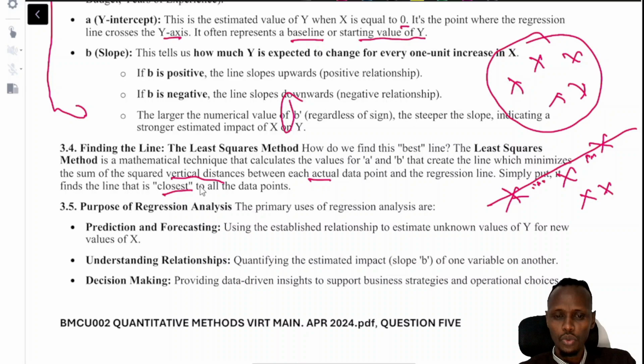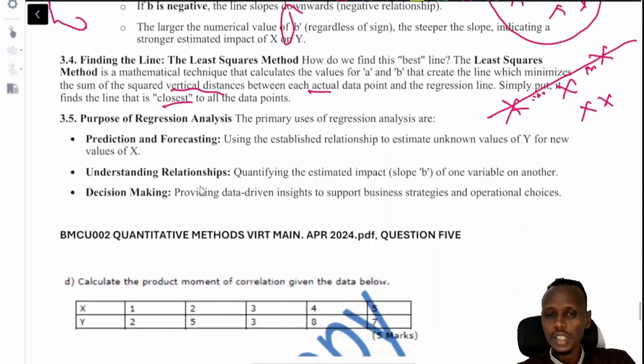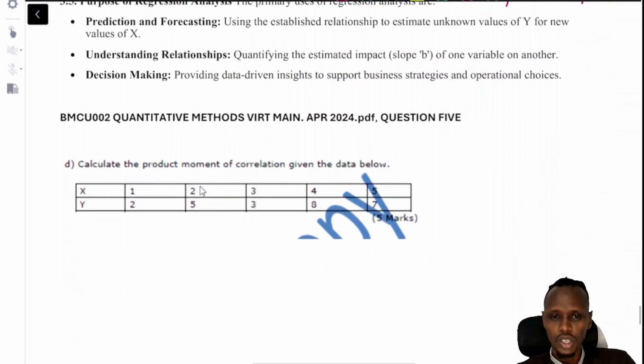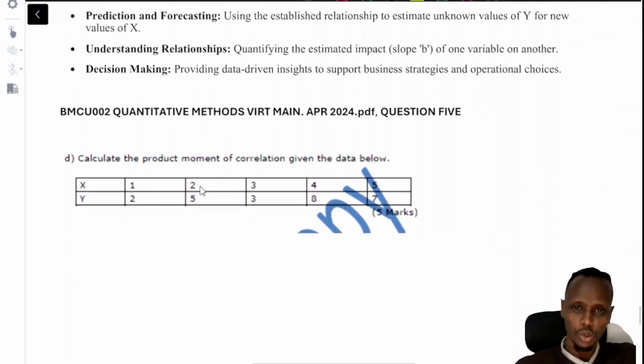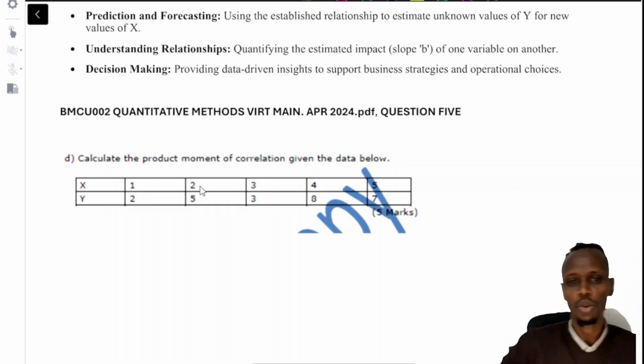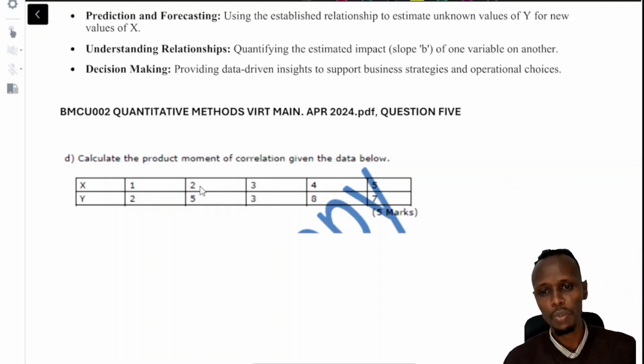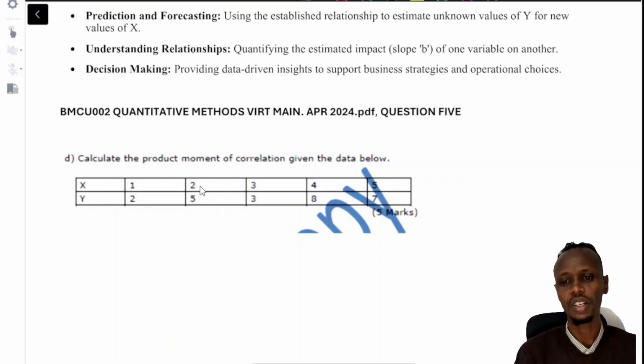Now we move to solve one question. So I will help you solve this question and then I will leave the other one to you. This is a summary of our class today. The question here is: calculate the product moment correlation given the data below.